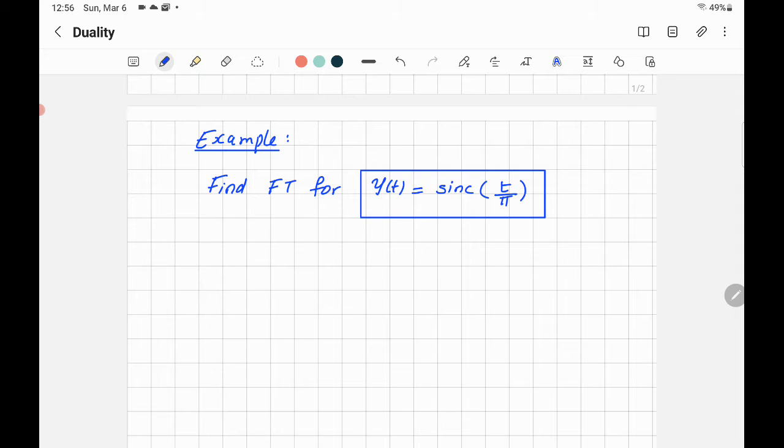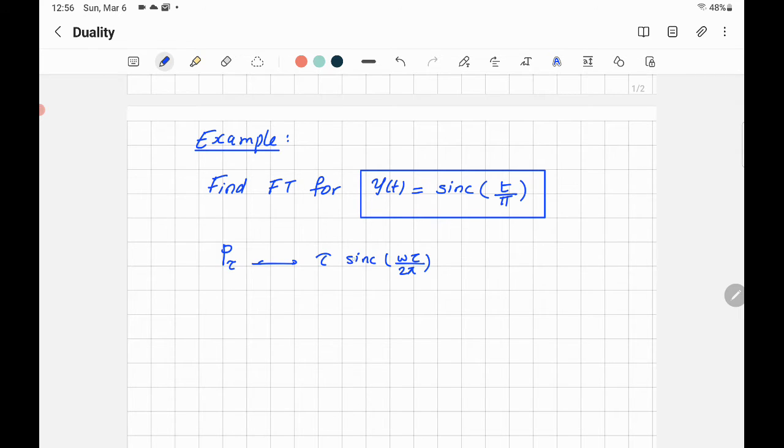So you have to think first, are you going to use duality or not? Because you have to ask the question, when can you use duality, or when will you not be able to use duality. Use duality if the function that you try to find its Fourier transform looks like the Fourier transform of another signal. I know that the rectangular pulse of width tau gives tau sinc of omega tau over 2 pi.